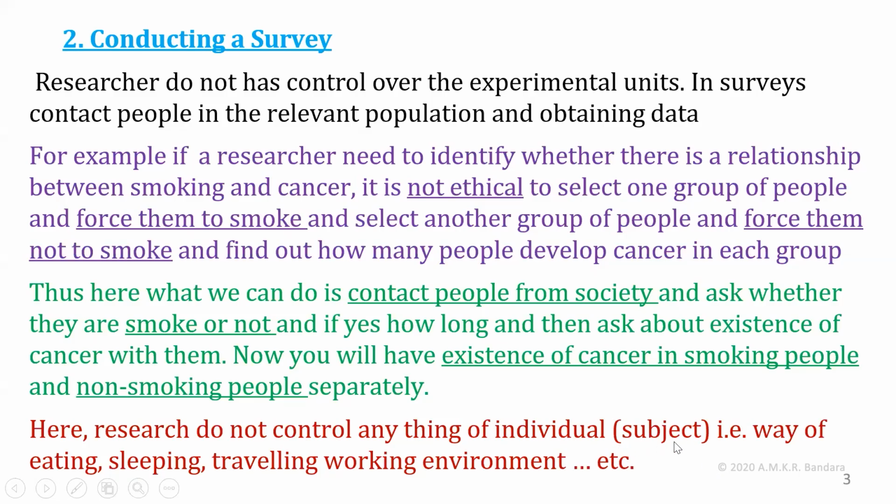So the experimenter cannot control the way of eating, sleeping, traveling, or the working environment of the subject in the case of a survey. But if they are doing a controlled experiment with animals or crops or any other thing, the researcher may have control over the subject. He can change the environment or living pattern of those subjects.